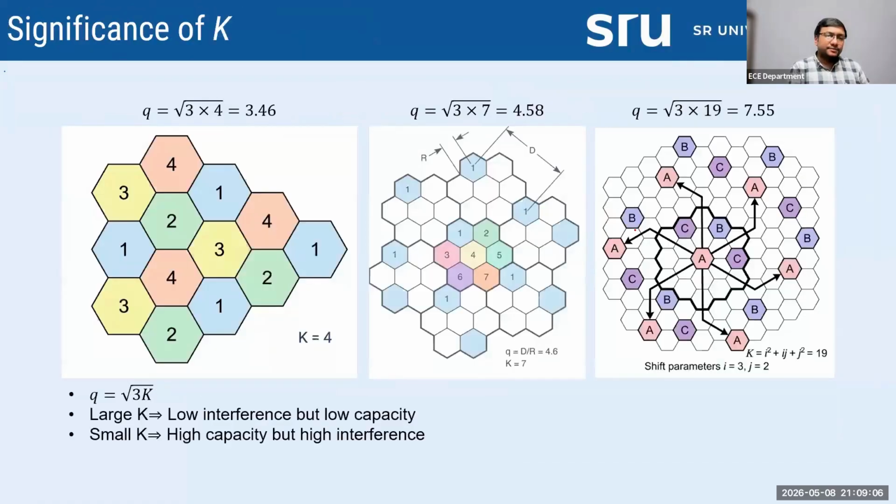Now, if you look at this third figure, see, if this A is a cell, the immediate nearest cells are 6 in number. If I make one circle enclosing these nearest co-channel cells, we will get a total of 6 nearest co-channel cells.